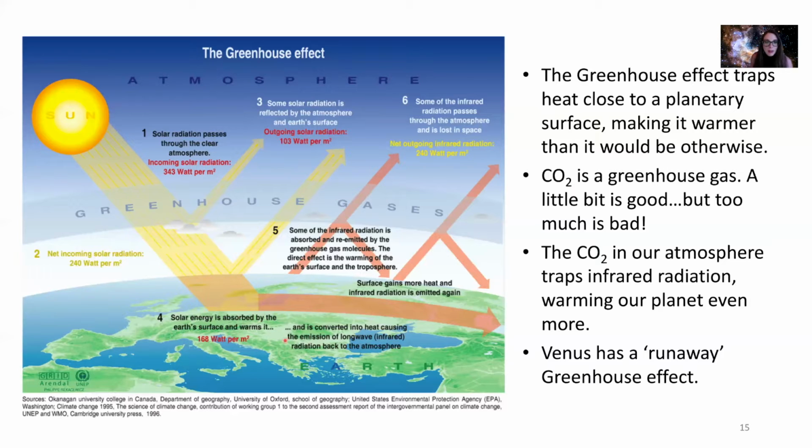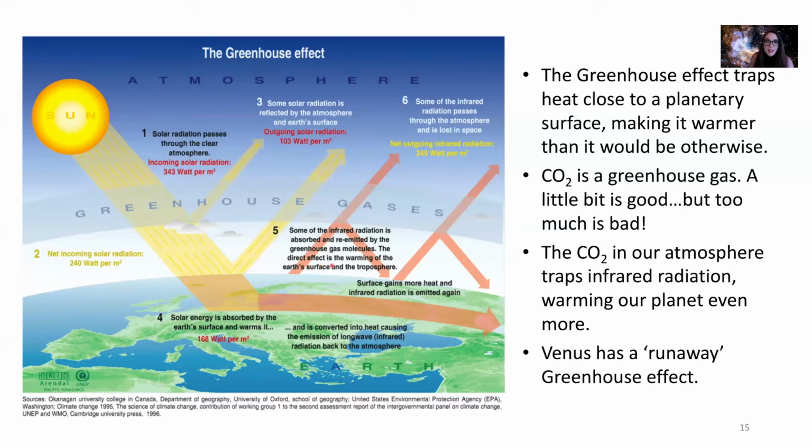Some of this infrared radiation is then absorbed by the carbon dioxide in our atmosphere. This carbon dioxide traps the infrared radiation in our atmosphere, and it warms up our planet more than it would otherwise be if there wasn't that carbon dioxide there.